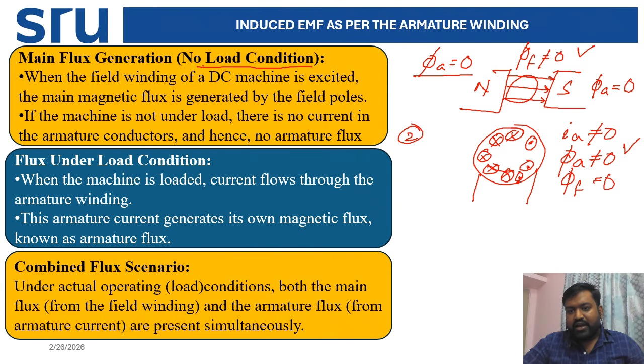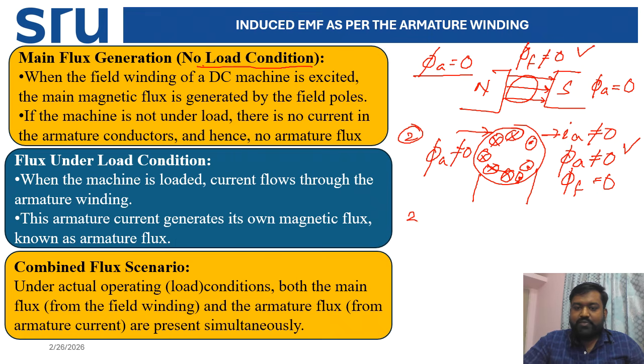That means current is in from this side and out from this side. Due to this, the armature generates its own magnetic field, denoted phi A, which is not equal to zero.